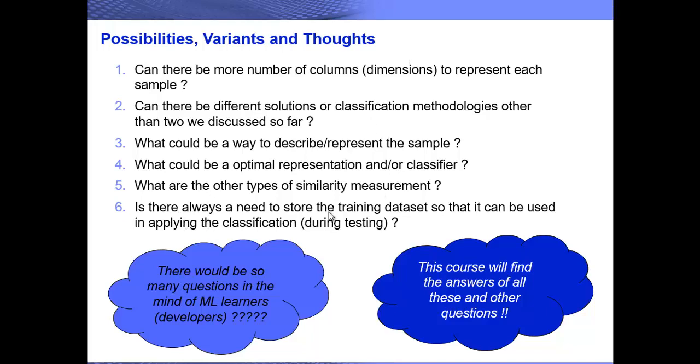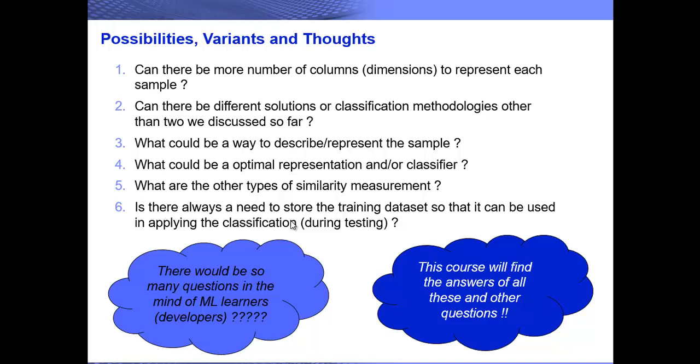Is there always a need to store the training data set so that it can be used in applying the classification during testing? That's a very good question. In a KNN classifier we are storing the data as it is, and whenever a test sample comes, we have to compare it with all those training samples.